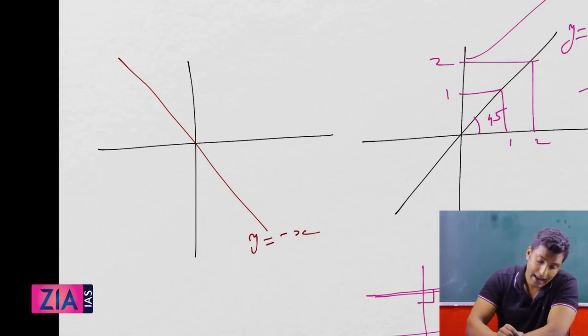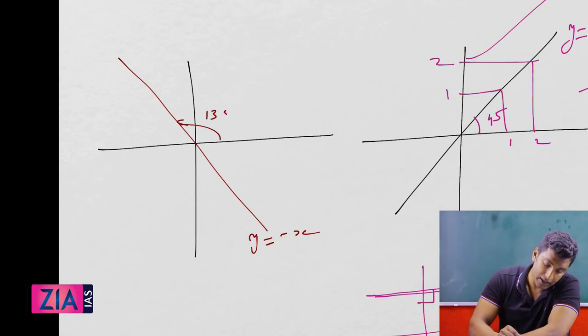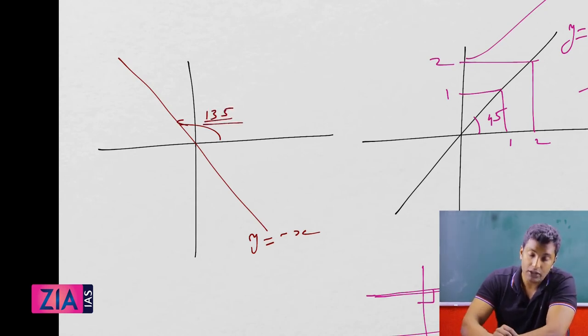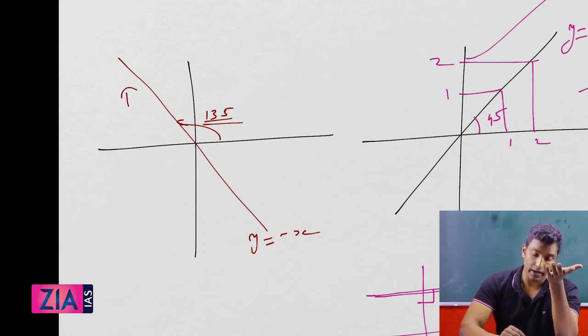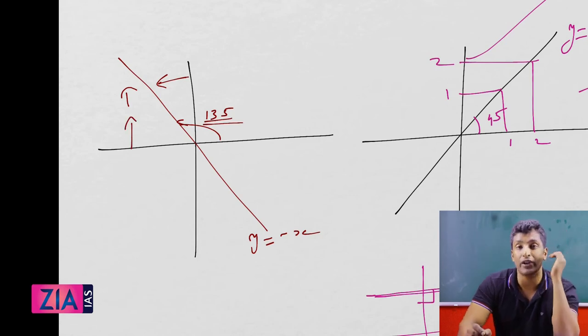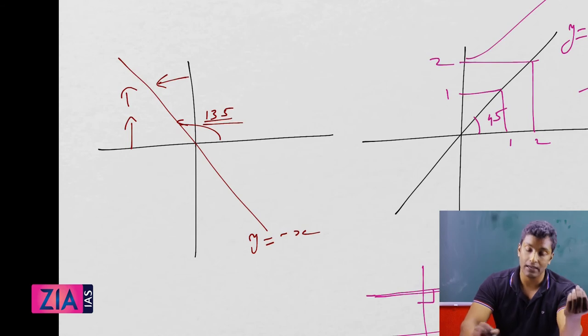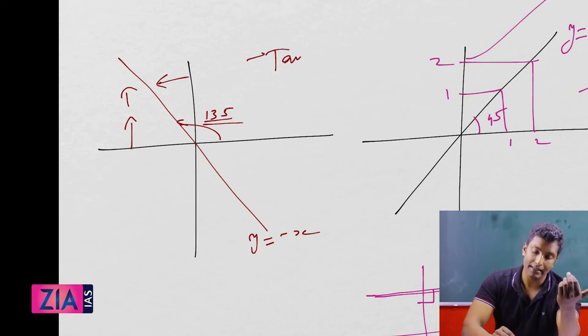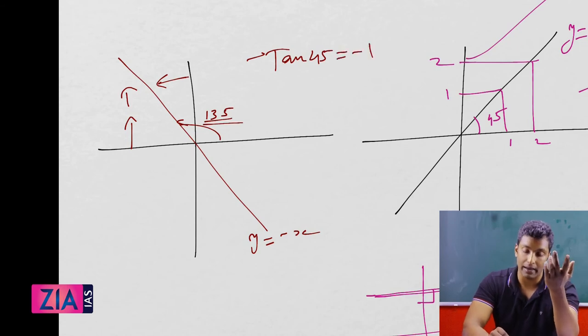Now this angle is 135 degrees. So what you need to find is tan of 135. Now we know this is in second quadrant. So 135 means either 90 plus 45 or 180 minus 45, and we know tan is negative in second quadrant. So you're actually finding minus tan 45. So slope is actually minus tan 45, which is equal to minus 1.